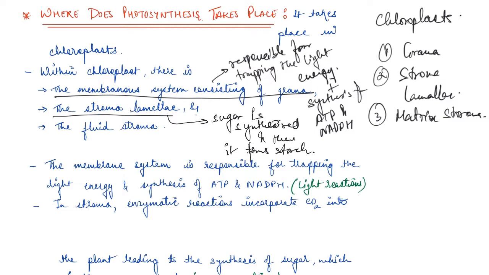The former set of reactions, where the sunlight is trapped and ATP and NADPH are synthesized, is known as light reaction. Why? Because it is happening in the presence of light. It is known as photochemical reactions as well.